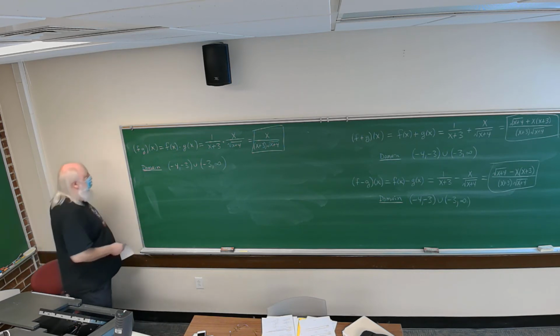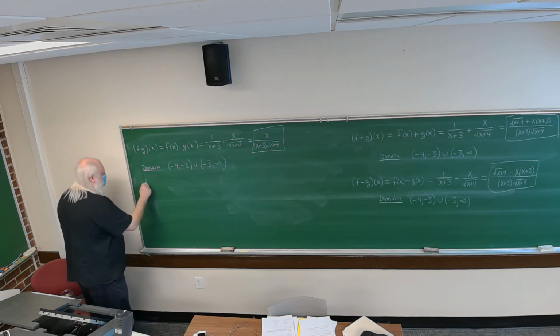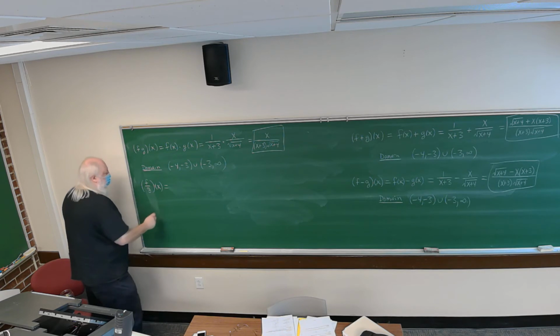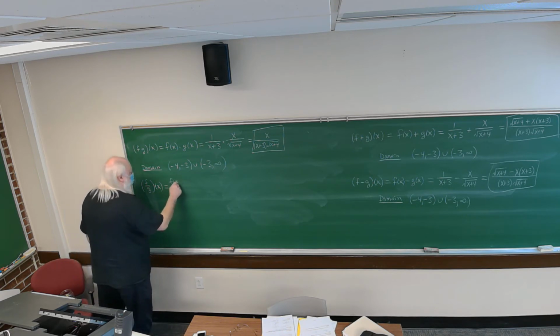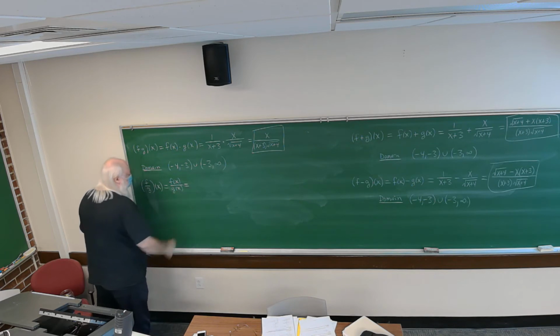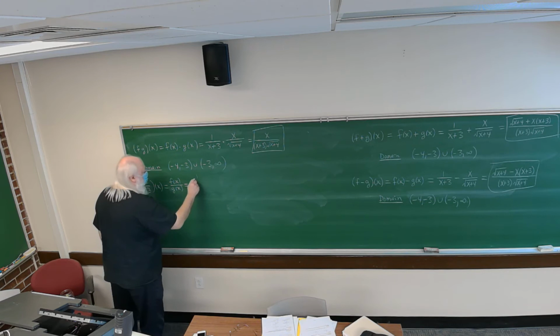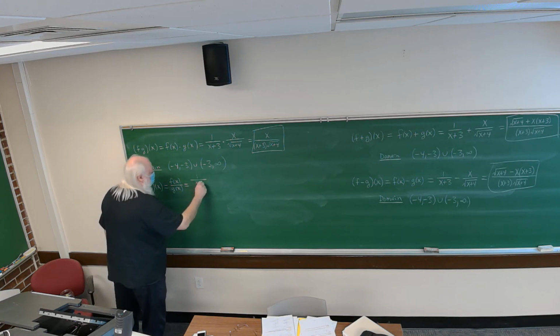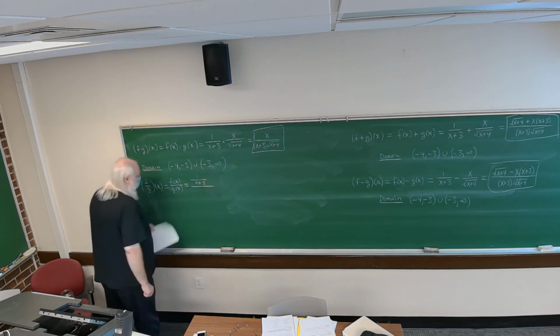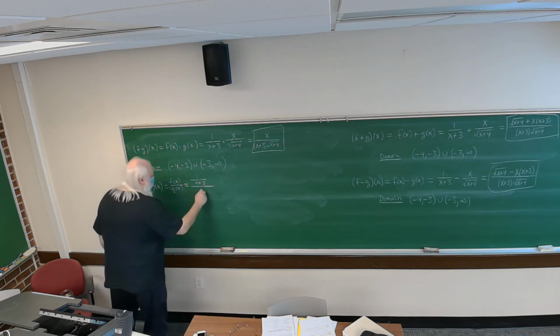Now we can do the division. F over g of x is equal to f of x divided by g of x. F of x is 1 over x plus 3. G of x is x over the square root of x plus 4.